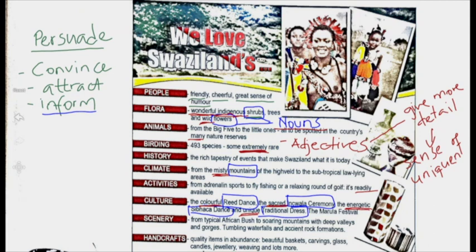So when something is unique, I'm bound to go for it because it sets it apart from the rest. That sense of uniqueness, I'm attracted, I'm convinced by that. When it's different from the rest, then it means that I can always go for it. And by so doing, therefore, you have fulfilled the purpose by the use of adjectives.